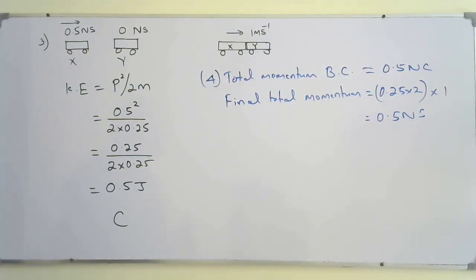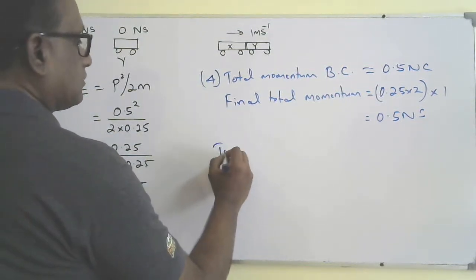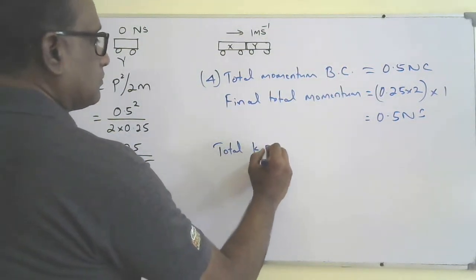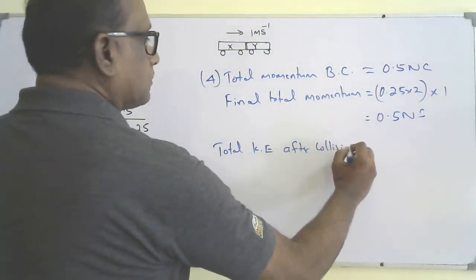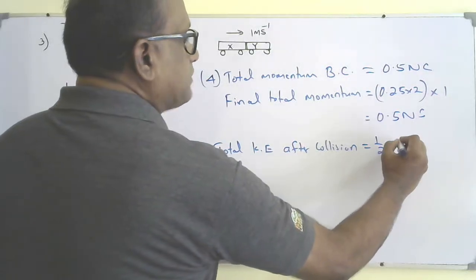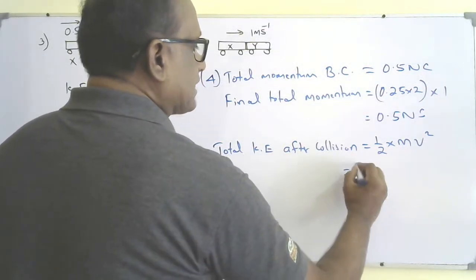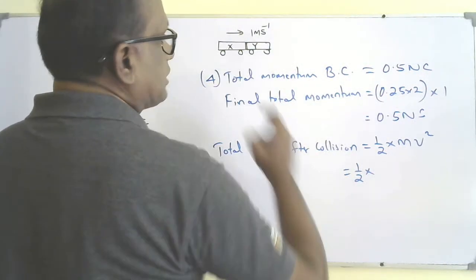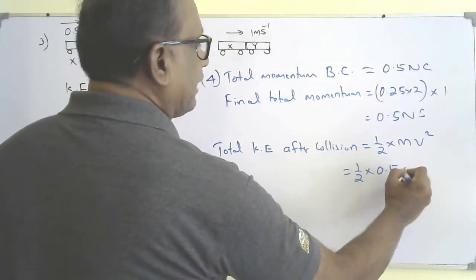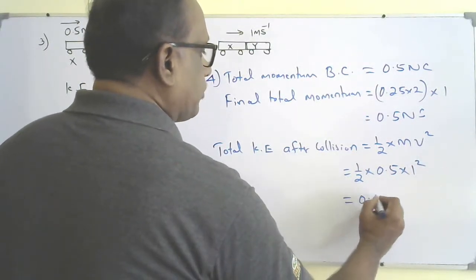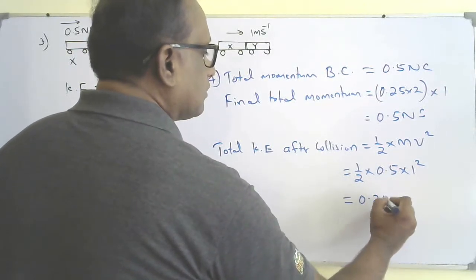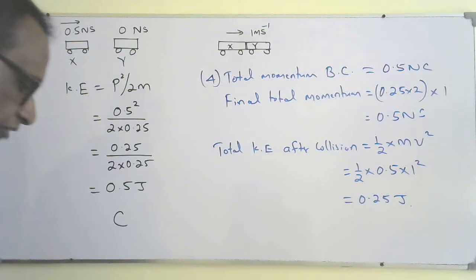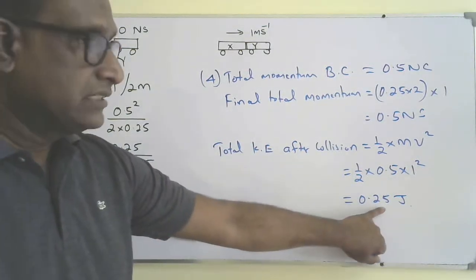So we need to think about the total kinetic energy after collision. Half times mass times v squared, that is half into mass, 2 times 0.25, that is 0.5, into 1 squared, that is 0.25 joules. So total kinetic energy after collision is 0.25 joules.